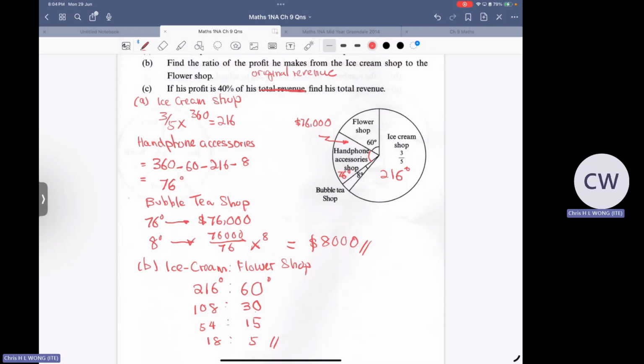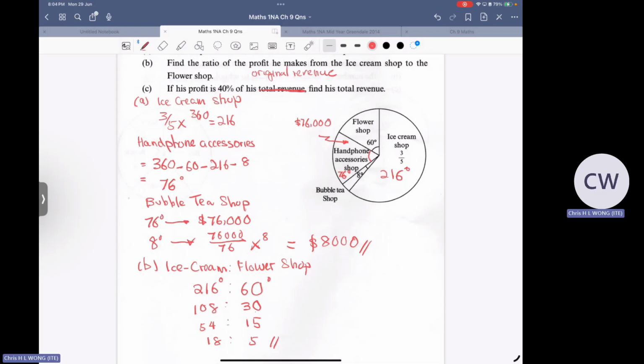If I make 40% of the original value, what is my total value I get in return? Tell me. Repeat. If I make 40% of the original value, what is the total revenue I make altogether? Altogether, how many percent? 100%?